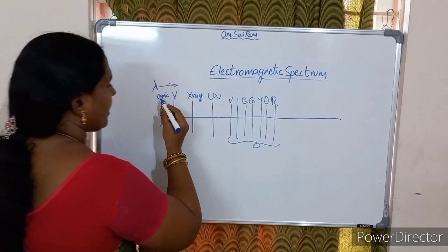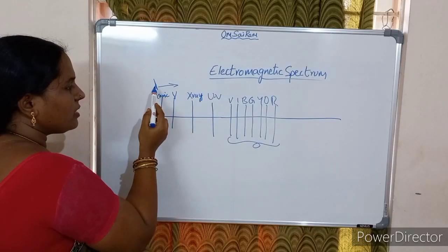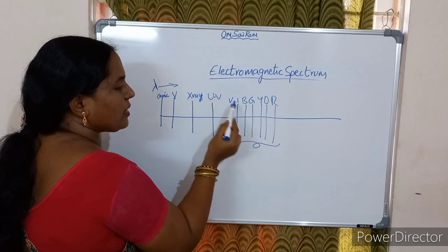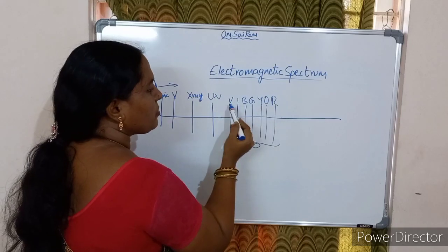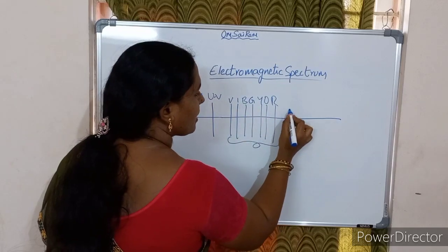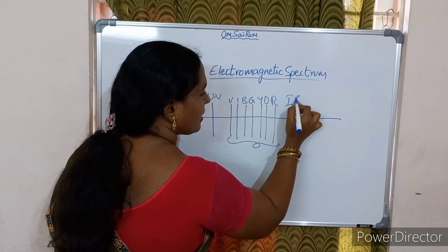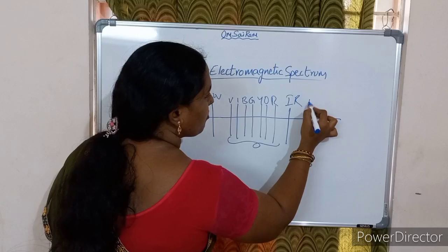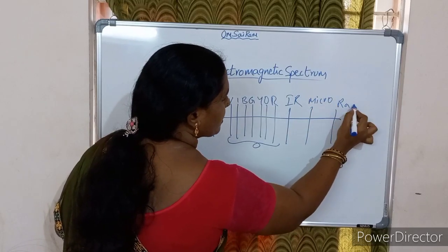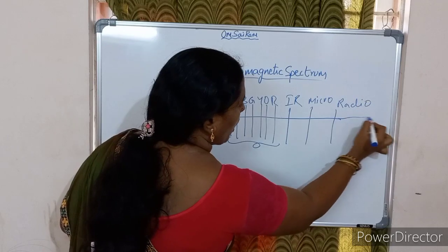The cosmic rays have less wavelength than gamma rays, than X-rays, than UV rays. Next, VIBGYOR. VIBGYOR possesses some more wavelength than these waves. Later, infrared. Next, microwaves. Next, radio waves. And some broadband waves also.